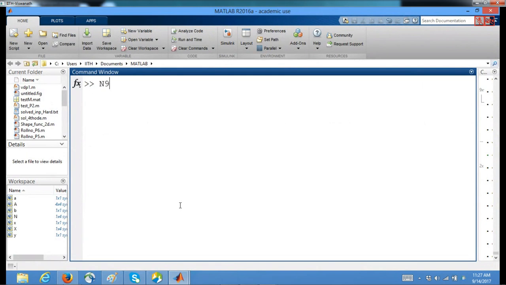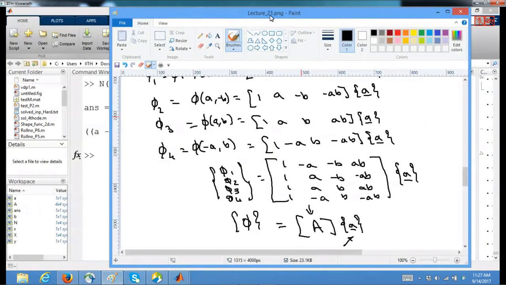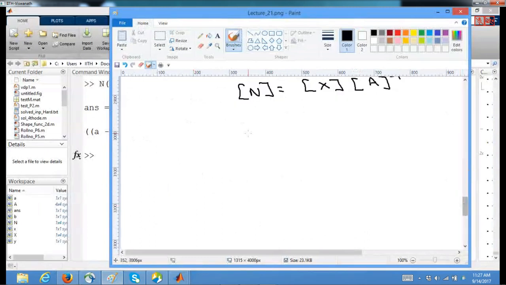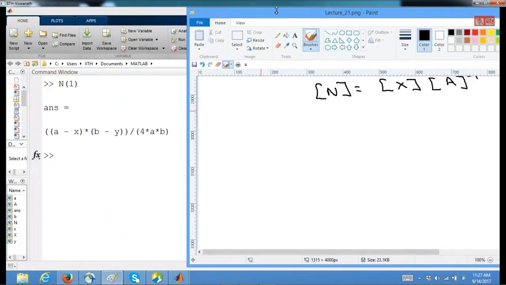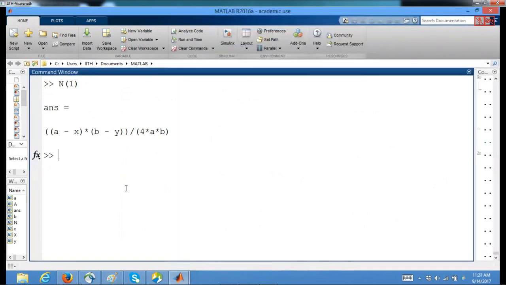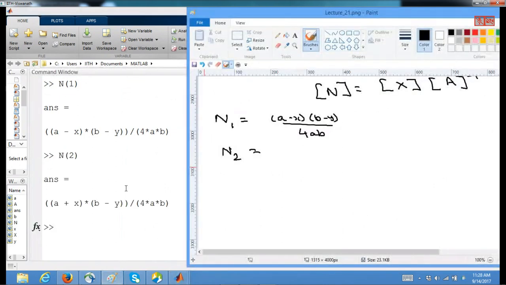So what is N1? N1 is given by... N2 is A plus X for AB.